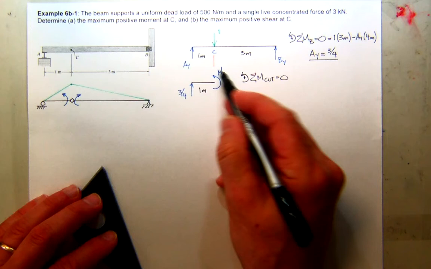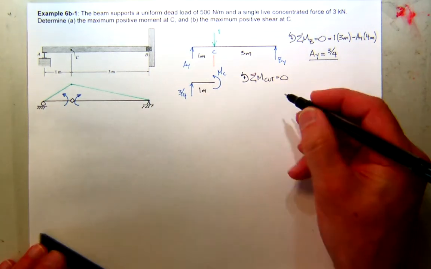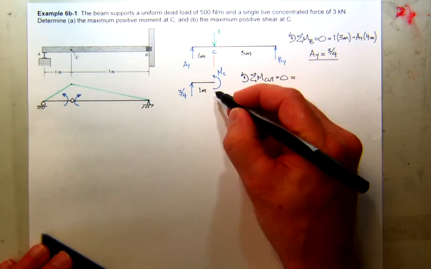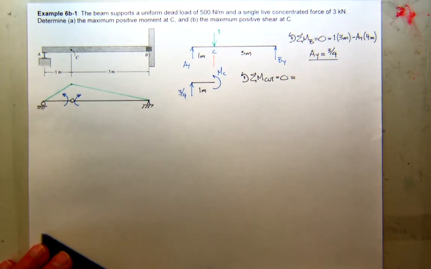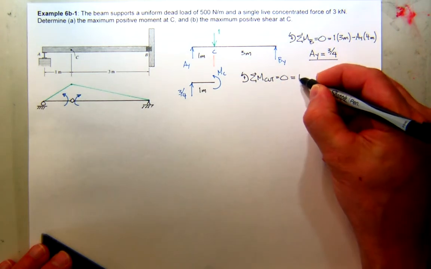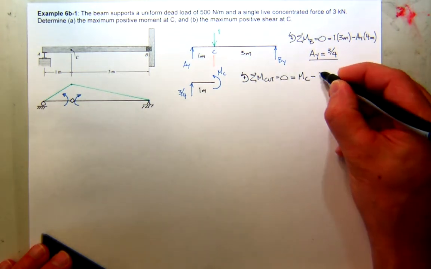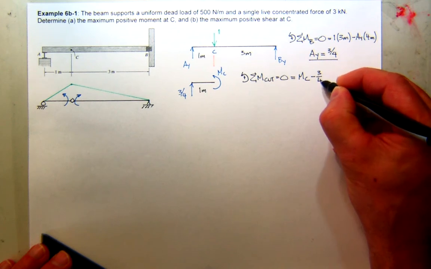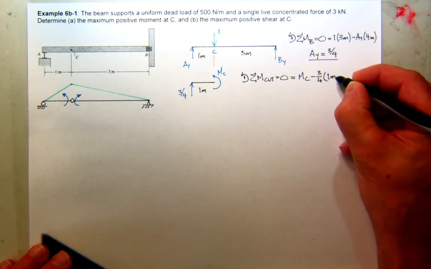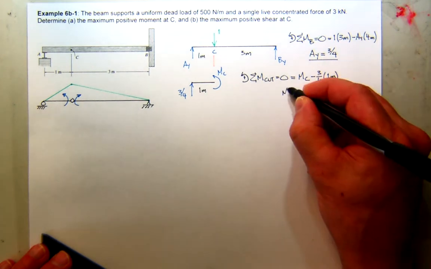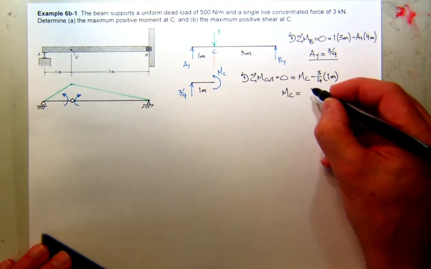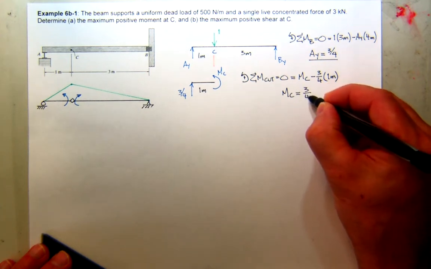Make sure this free body is in equilibrium. So this moment that I've assumed, positive bending moment, with my sign convention is positive. The reaction is going to create negative moment. So the force is 3/4 and the distance is 1 meter. So it looks like MC is going to be 3/4 of a meter.